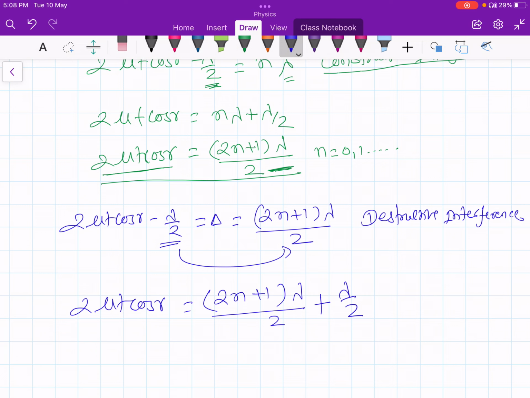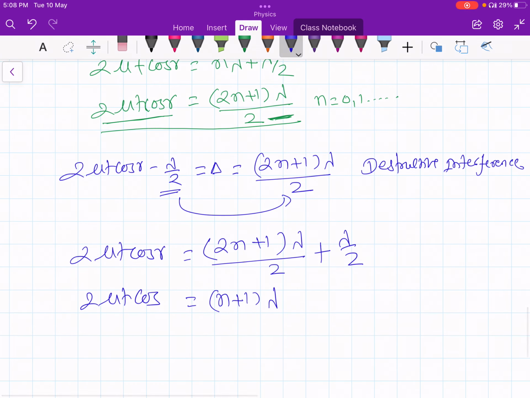So after simplification, what we get is n plus 1 lambda, that is 2 mu t cos r. But in this case, if n is an integer, then n plus 1 is also an integer.